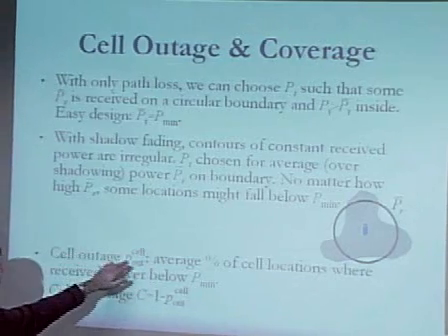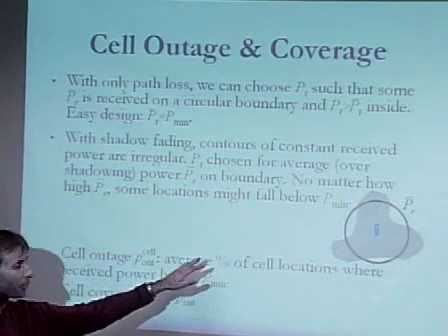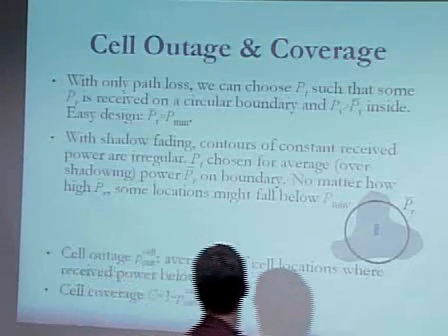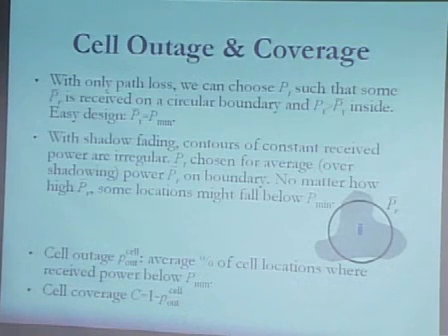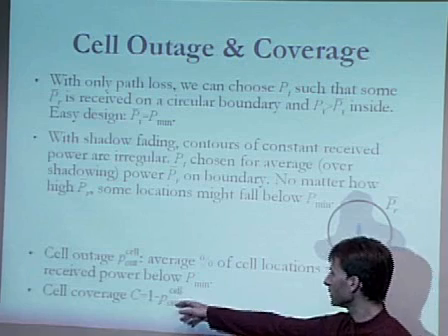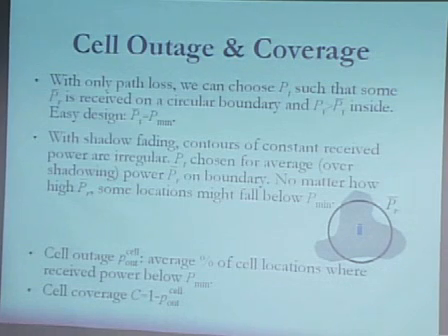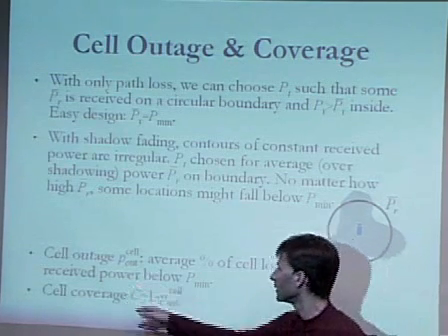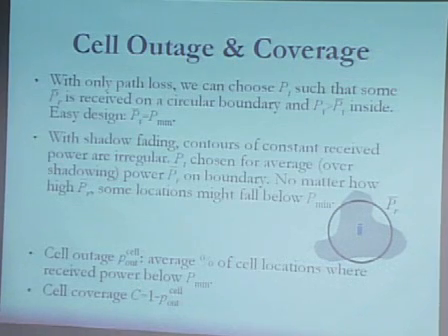So the cell outage is the average percent of locations in the cell where the received power is below the sensitivity P min. Okay, that's the cell outage. And the cell coverage is the complement. It's 1 minus the cell outage. For example, if the cell outage is 1%, the cell coverage will be 99% and so on. Okay?